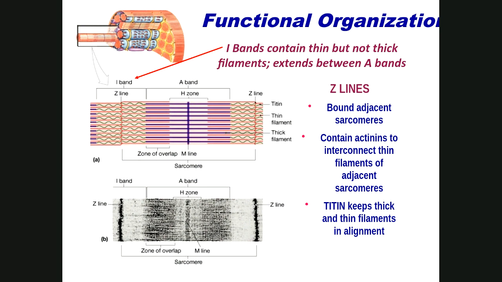So we know the sarcomere extends from Z line to Z line, and we'll discuss the types of proteins that exist in all of these thick filaments. And titin is a specific protein that connects the thin filament to the Z line and connects the thick filament to the H line.